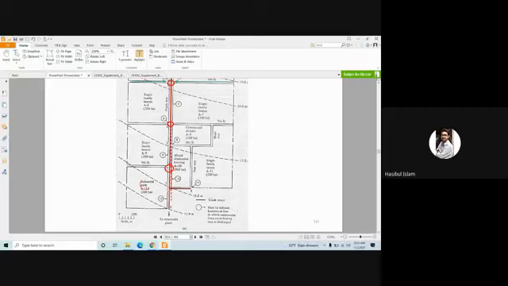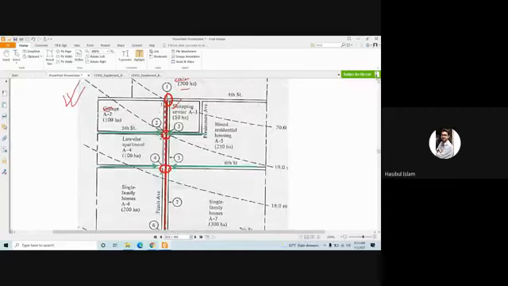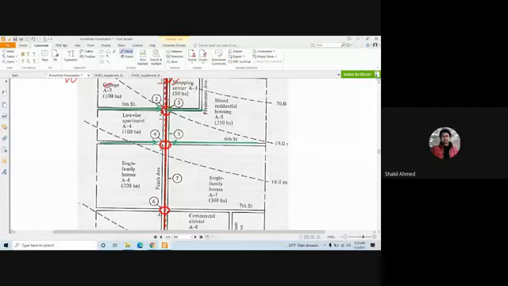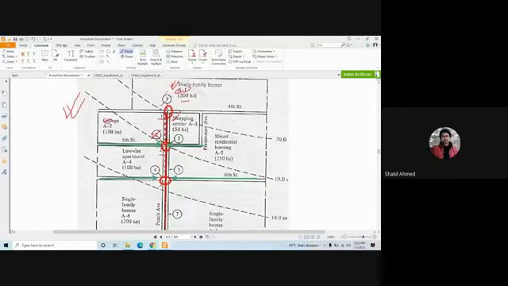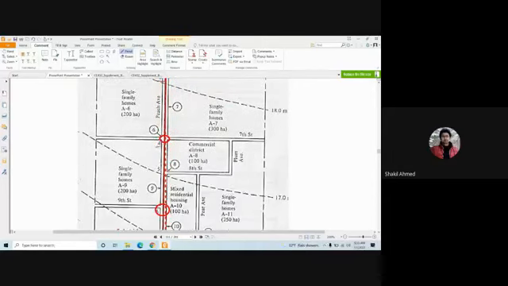Again, this 1, 2, 3. These are the locations of the manholes.